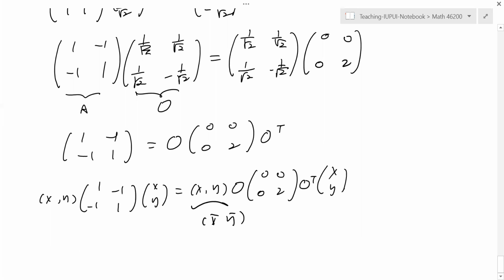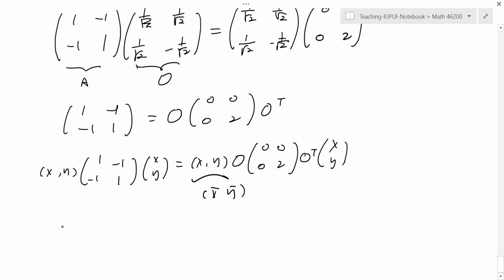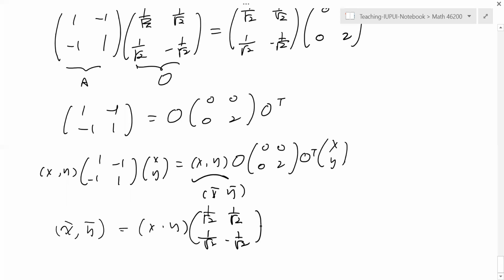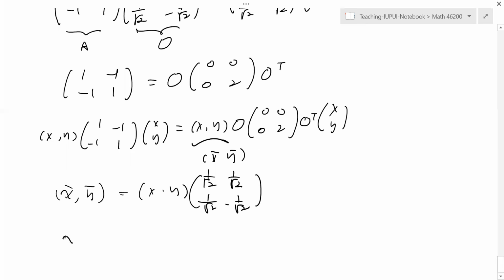So you can write down the transformation. X bar, Y bar is going to be O prime times X, Y. Okay. So let's multiply this out.